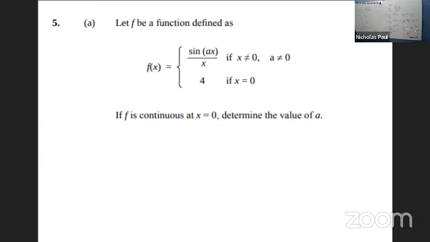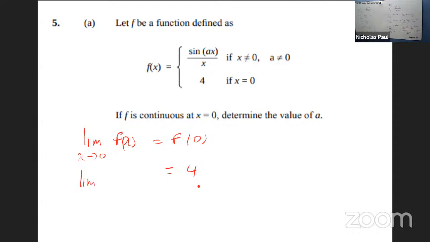Right, so remember if something is continuous, what are the two rules again? The limit exists, and it must be equal to the function value. So the limit of f of x as x approaches 0 should be equal to f of 0. So in this question, what is f of 0? Very good. It is defined when x equals 0 and the answer is 4.